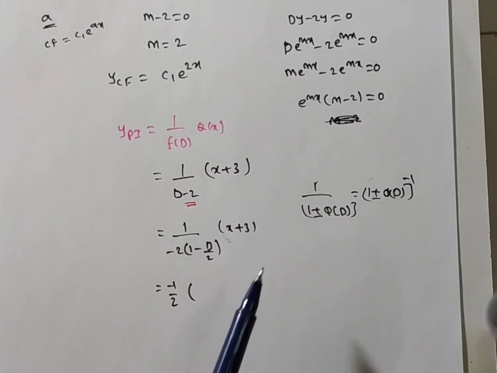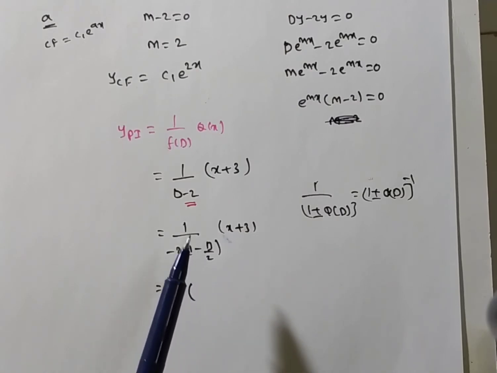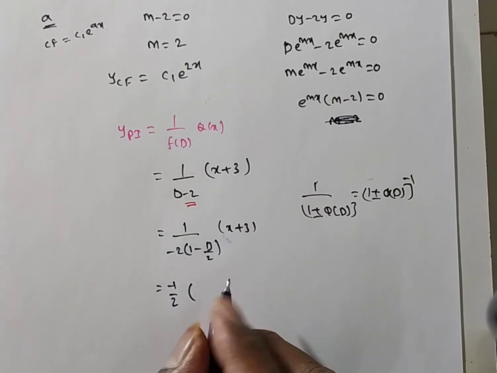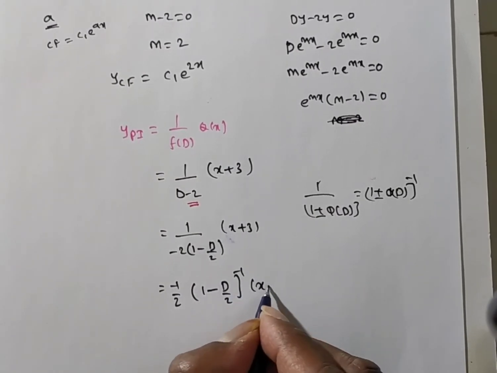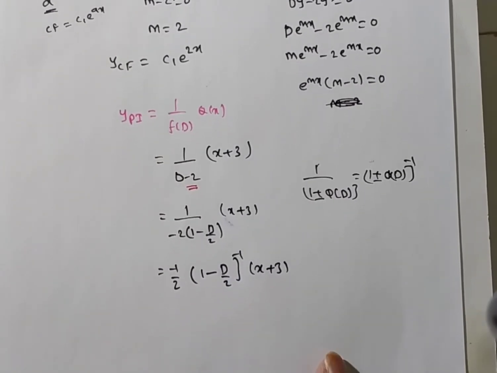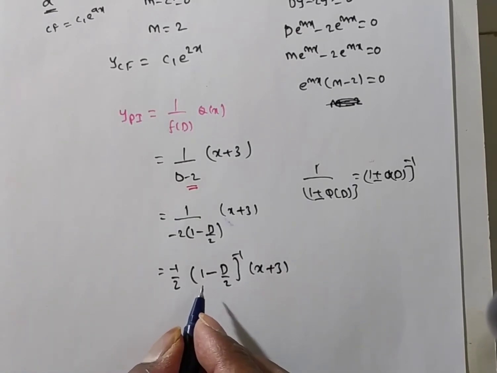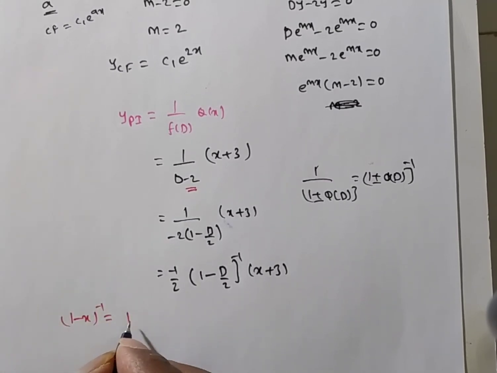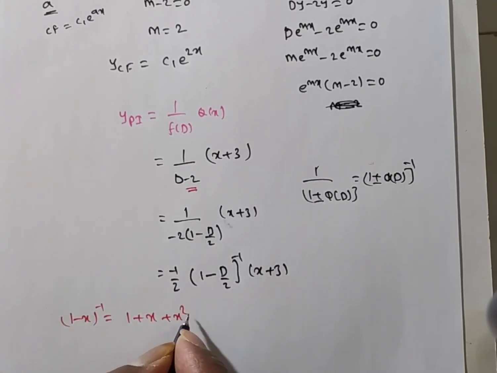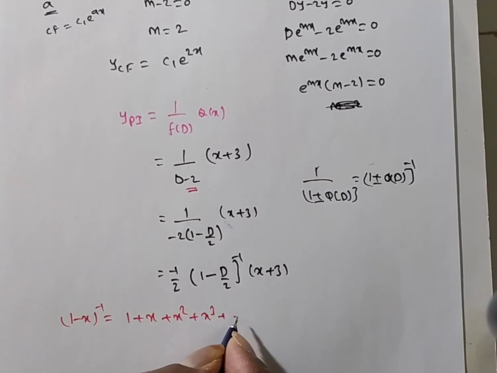For that purpose only we are bringing out the lowest degree term. Now (1 - D/2) whole inverse times (x + 3). What is the binomial expansion you have? This is in the form of (1 - x) inverse. (1 - x) inverse is equal to 1 + x + x² + x³ and so on.